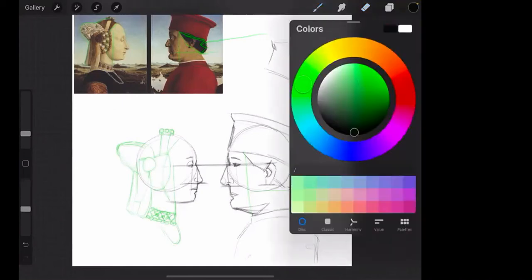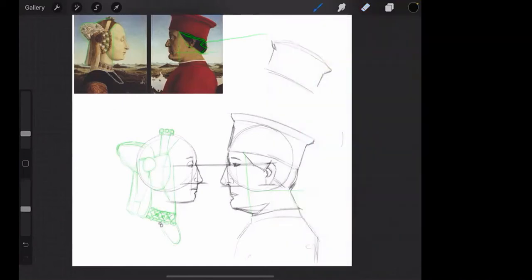And then you can draw the pearls along with the line there.